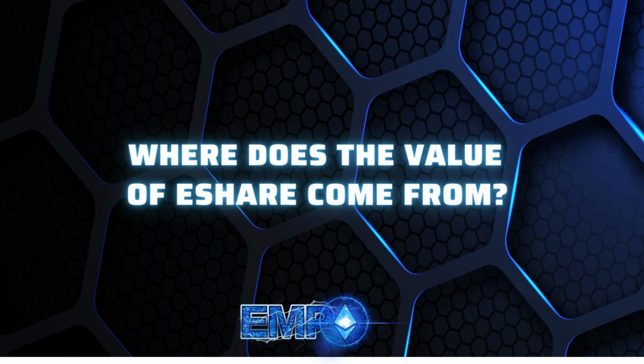Yeah, yeah. So basically, it depends. Real simple. It depends on how much EMP is actually going to be printed during the epoch, or the 4 epochs during the day, in relation to what the eShare price is, because the eShare price will determine the APR in the boardroom.